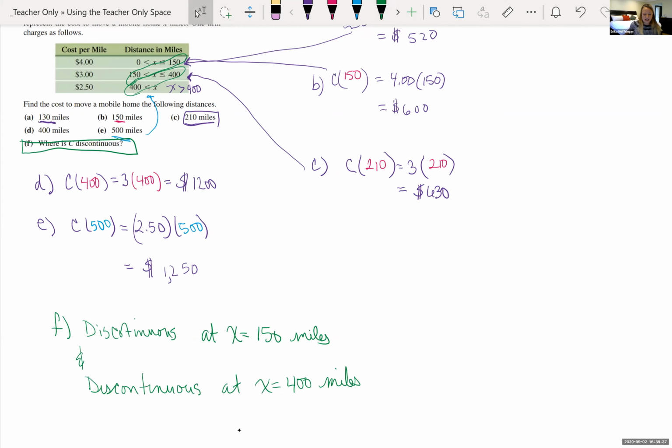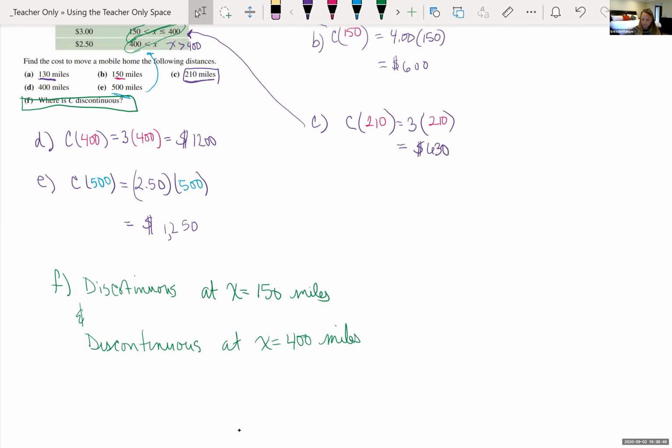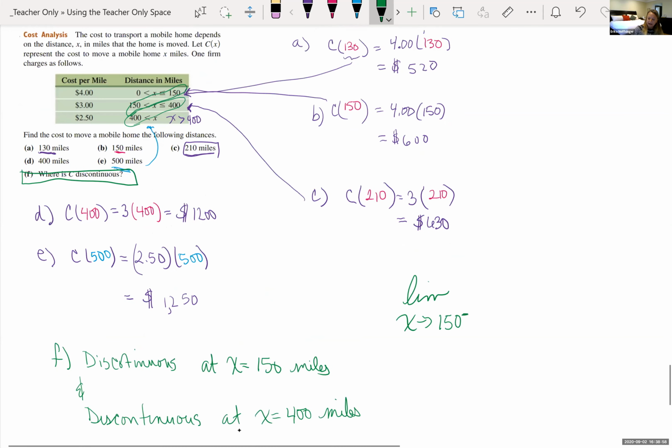We can show that it's discontinuous by showing that the limit doesn't exist, by looking at the left and the right. So if I look at the limit as x is approaching 150 on the left-hand side, that means I'm looking at a number smaller than 150, and that tells me I would use the cost of $4 per mile.